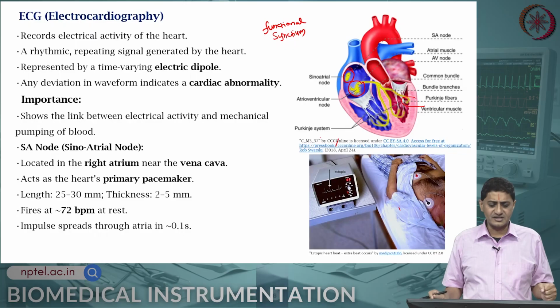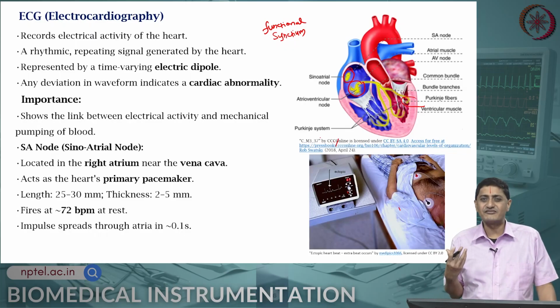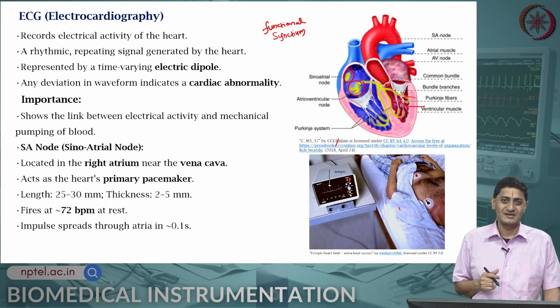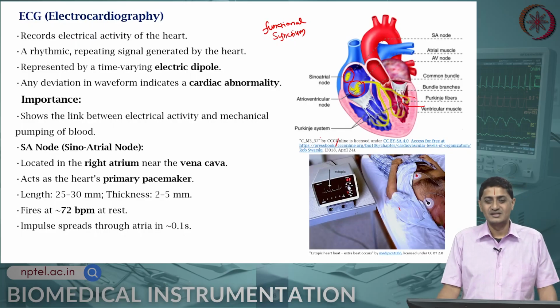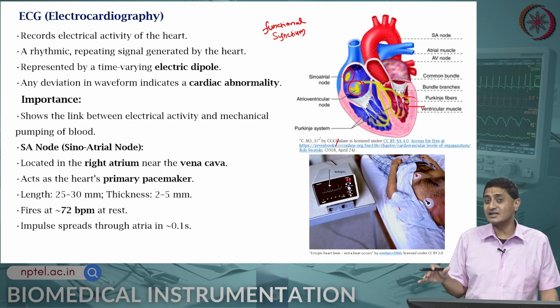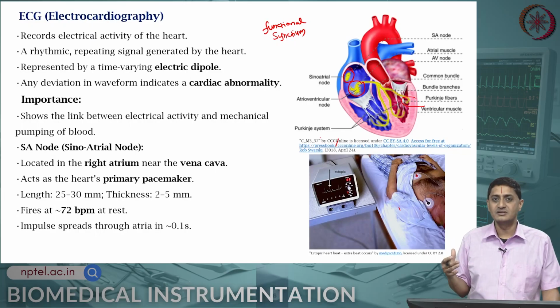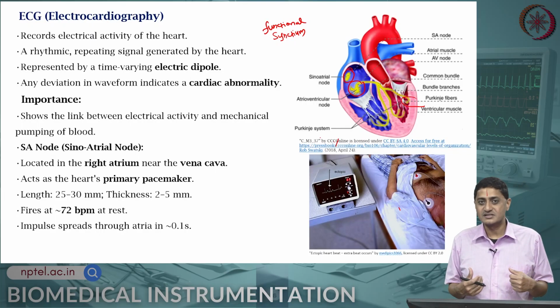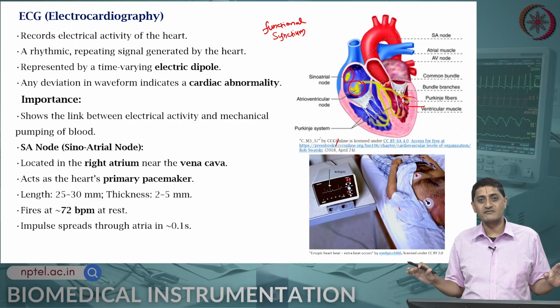This electrical activity can be detected because it generates an electric field that can be detected outside the body or on the surface of the body. This is a rhythmic repeating signal, but the rhythm will vary depending on the activity, state of mind. For example, if you are anxious or tensed, then the heartbeat will increase. If you are relaxed and rested, the heartbeat rate will be low.